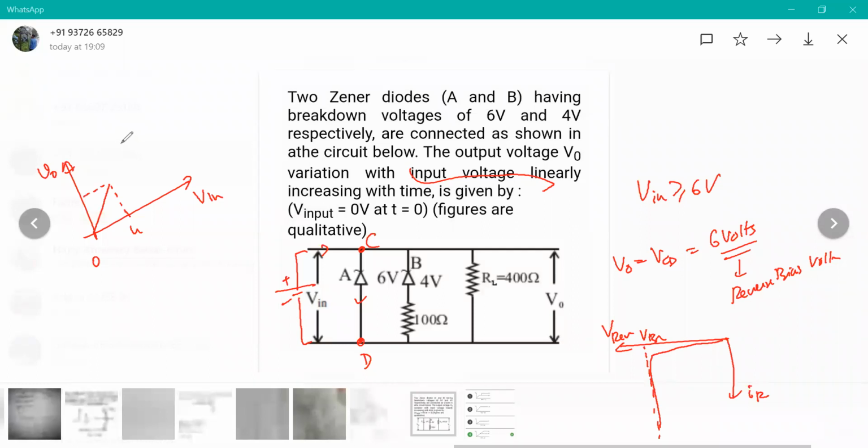Till it is 6 also, it should be equal. So it should be this way. But the moment the input voltage becomes more than 6, this becomes capped at 6. So that's how the circuit is working as a voltage regulator up to 6 volts.